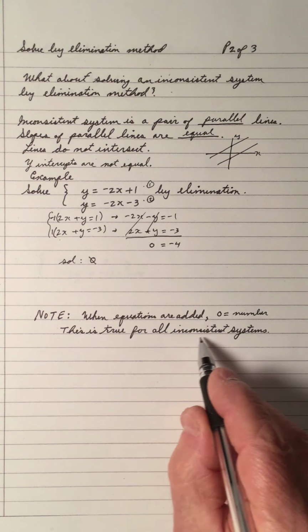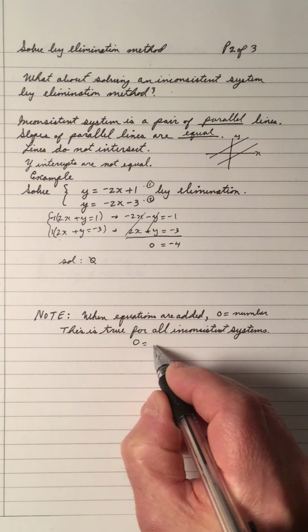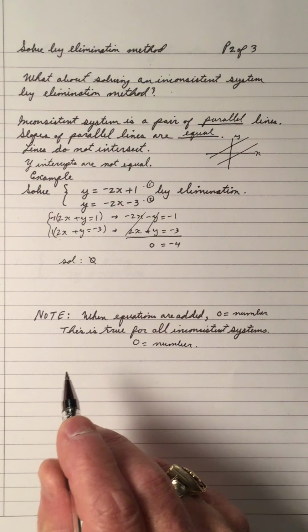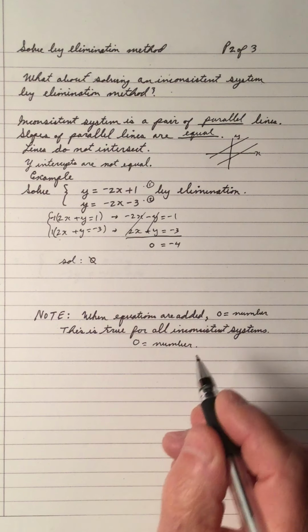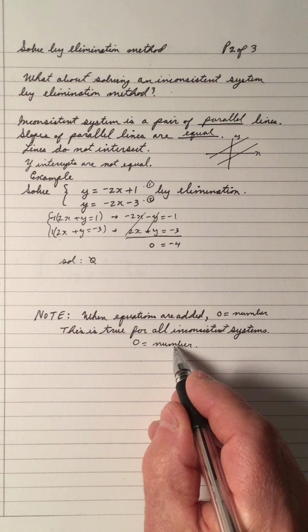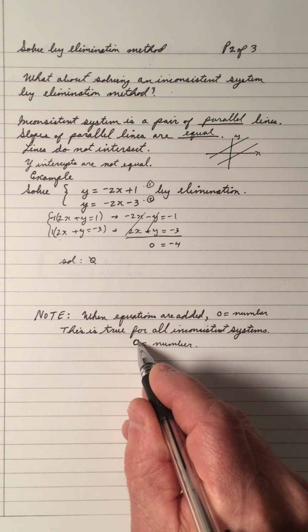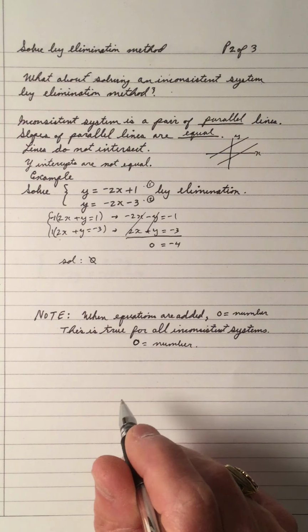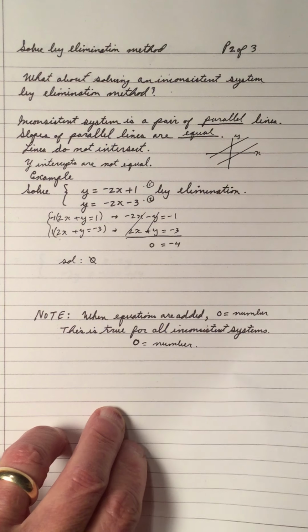And this is true for all inconsistent systems, because the left side, which has x's and y's, will all become 0 when we add, and then you get a number. Now that number could be 0, could be negative 1, could be a fraction, could be anything. But the left side will be 0, because I move all the variables to the left side in the order of ax plus by equals c. So 0 equals a number in an inconsistent system.